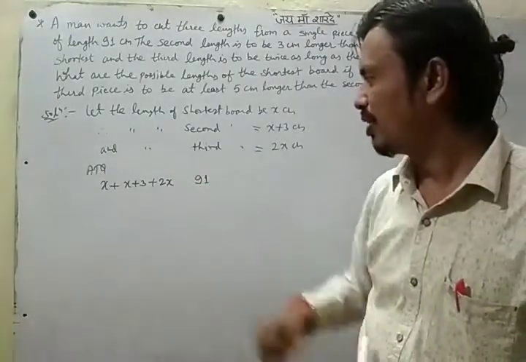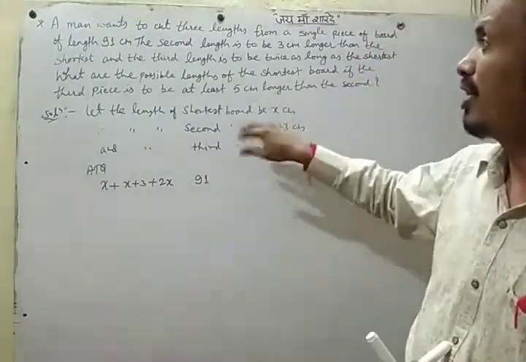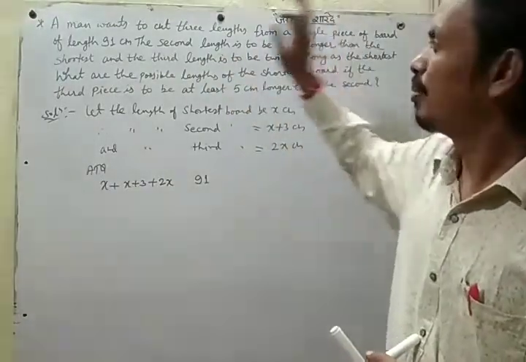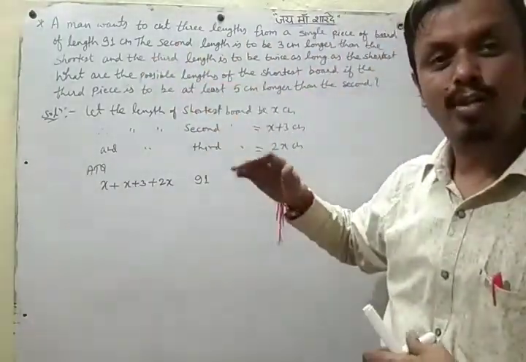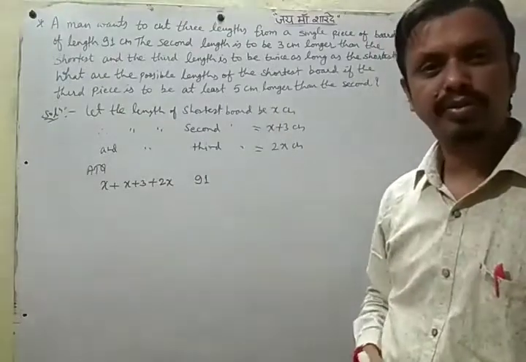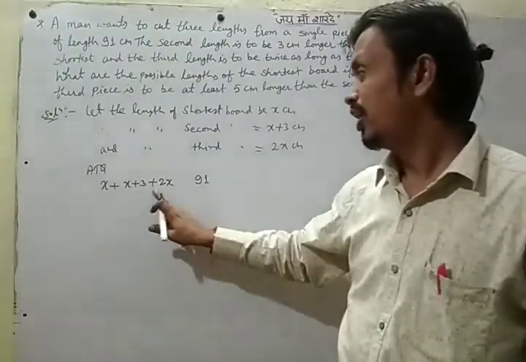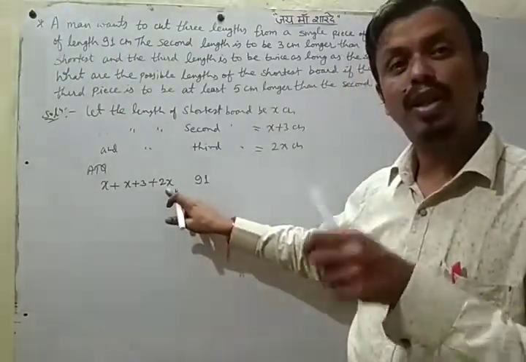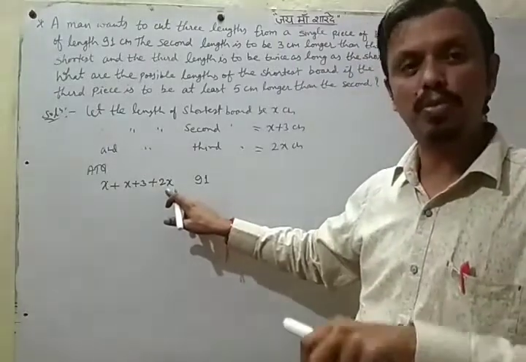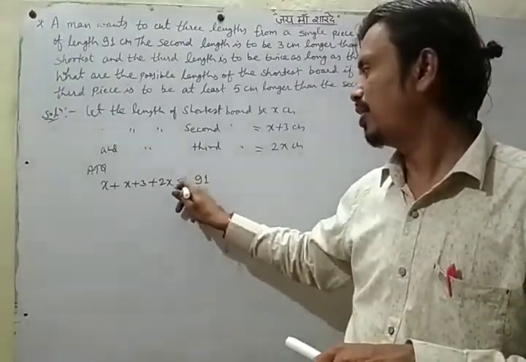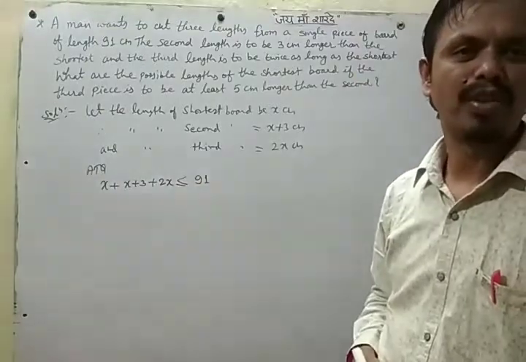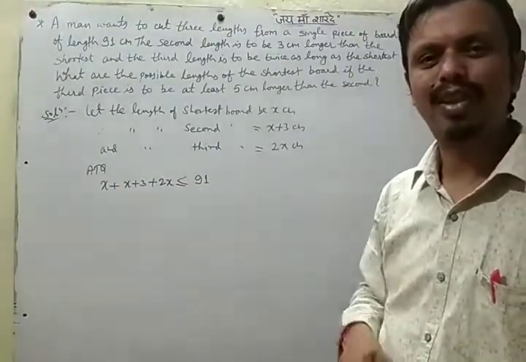will be 91. But when we cut this board into 3 pieces, there will be some loss. So this length cannot be exactly 91. In some cases it can be less also, because there will be some loss when we cut something.